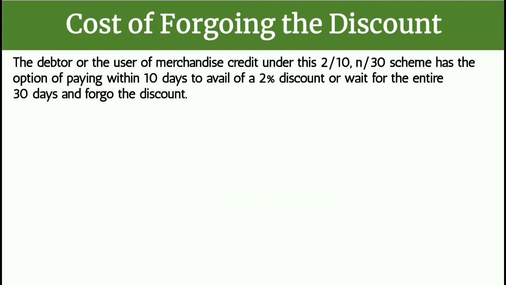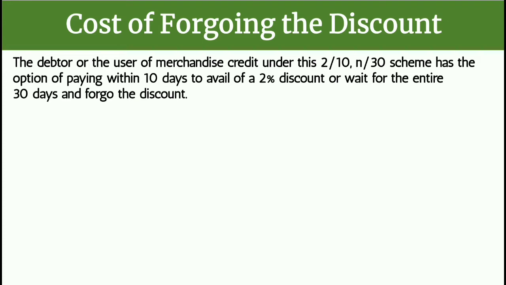So it's either magbabayad si debtor within 10 days from the invoice date para ma-avail niya yung 2% discount, or magbabayad siya on the 30th day pero ifo-forgo niya yung discount.